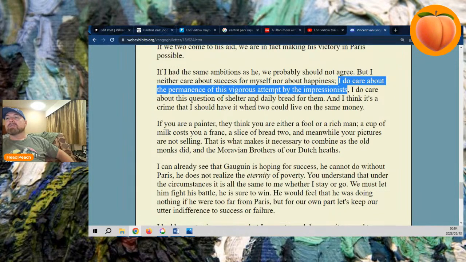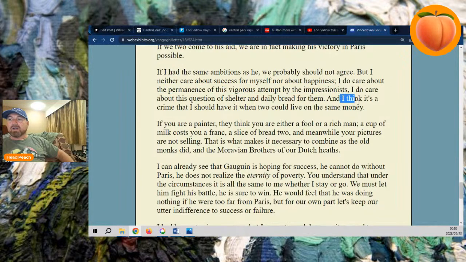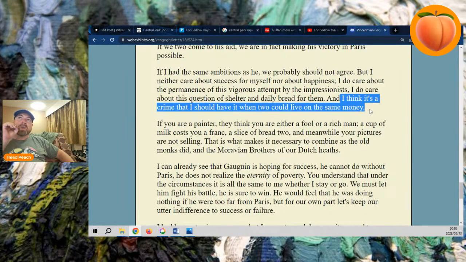I do care about this question of shelter and daily bread for them, and I think it's a crime that I should have it when two could live on the same money. He's saying, you know what I think is a crime, is that my life is so easy, putting in this effort on behalf of the Impressionists.